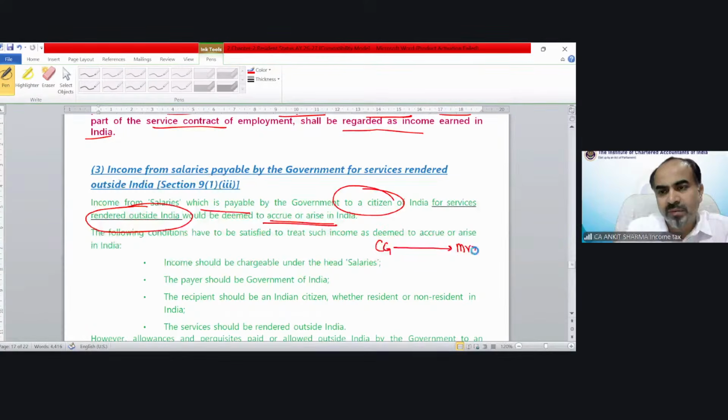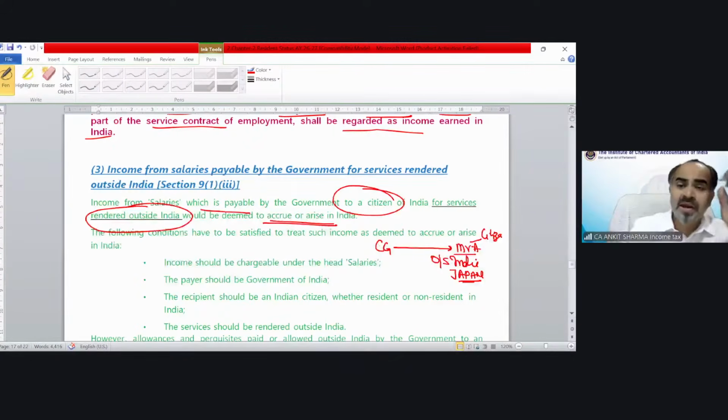You are Mr. A. Government sent you outside India. Suppose you are working in Japan on behalf of government. You are an ambassador. You understand the ambassador? So you are a central government employee as an ambassador, working outside India in Japan in the capacity of an Indian ambassador. And you are a citizen of India.